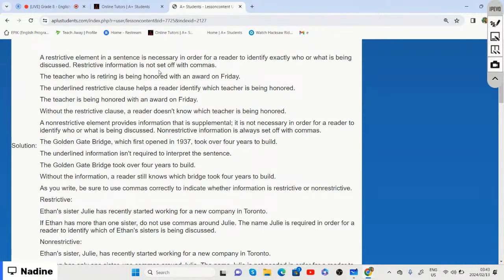And we said non-restrictive elements are always set off with commas. There are always commas, and you need to know where to put the commas.